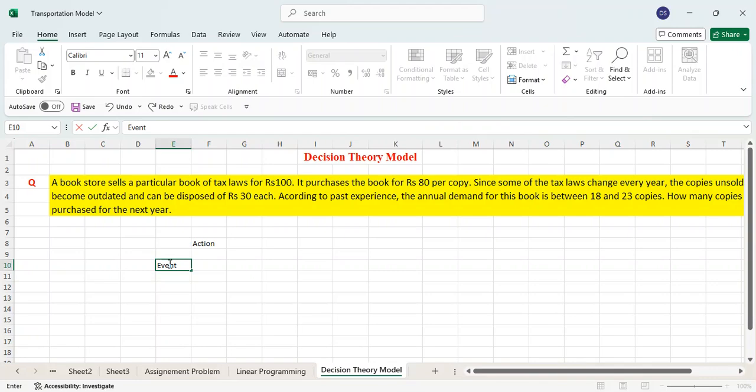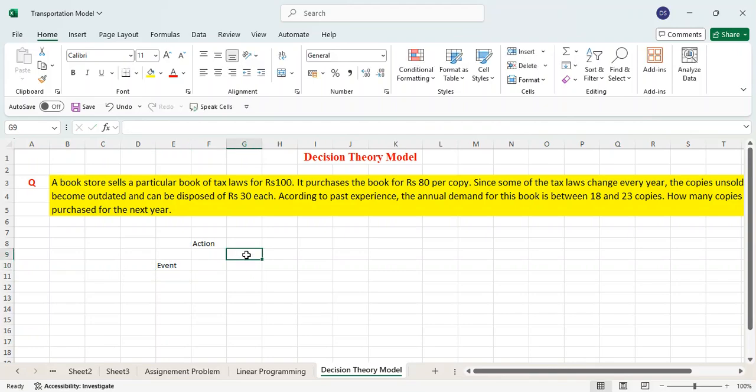In this process you prepare a payoff matrix. Payoff matrix means how much profit or how much loss you incur in a particular decision-making process. Let's solve the question, and after that we can discuss the overall profit or loss.